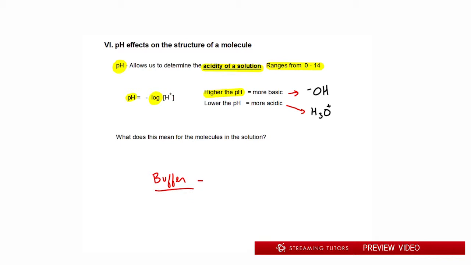A buffer is when you have a weak acid and conjugate base inside an aqueous environment. It has to be weak, because if it was a strong acid, it would completely dissociate in water. That wouldn't help us, because we need to have acid and base around in order to act as a buffer.